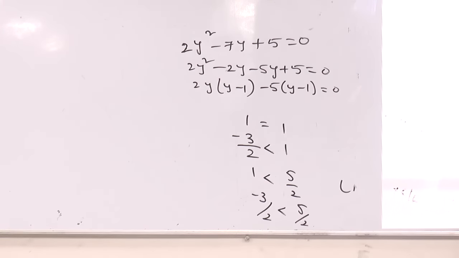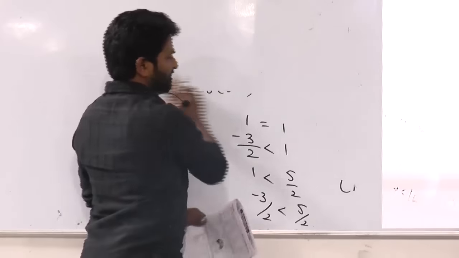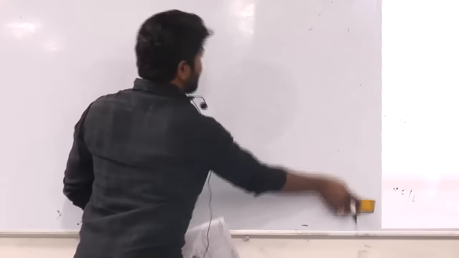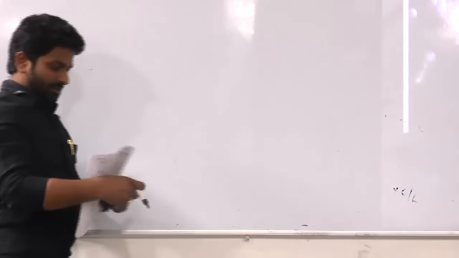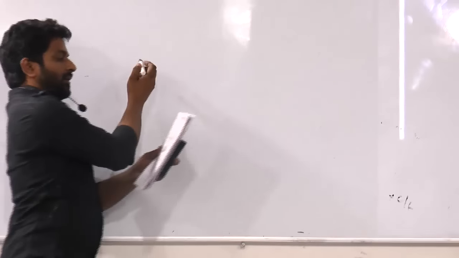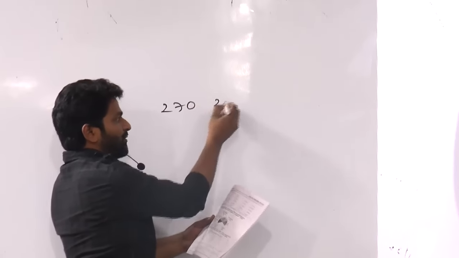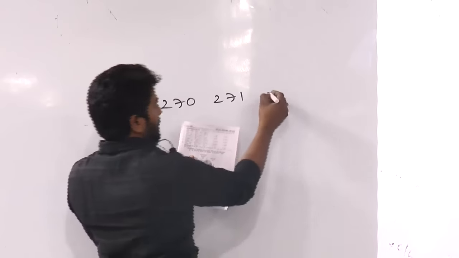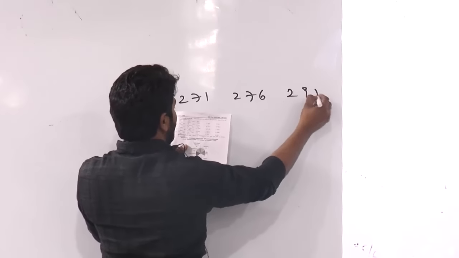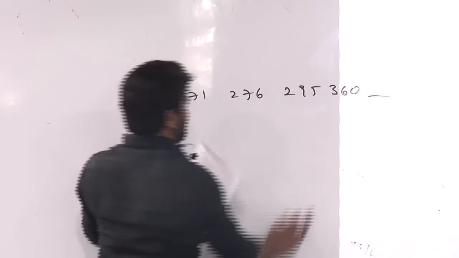36 to 40. 36, 270, 271, 276, 295, 360, and the next number.